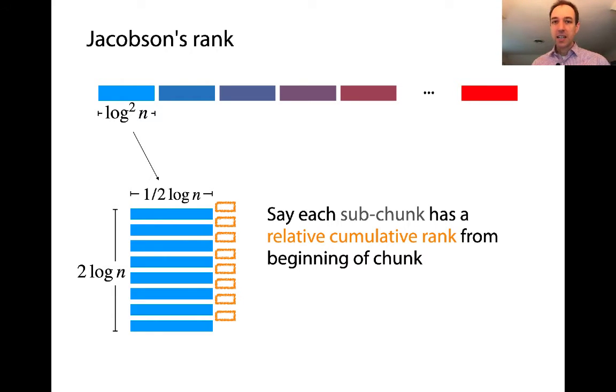And the key insight here is that in order to store a relative rank from the beginning of the chunk, I'm not going to need big O of log n bits to store one of those. I needed big O of log n bits to store one of the cumulative ranks up to the beginning of the chunk.